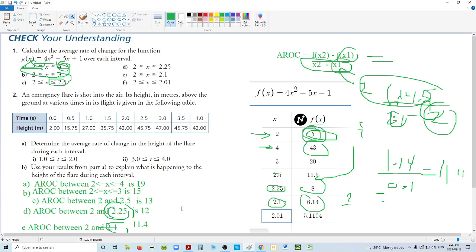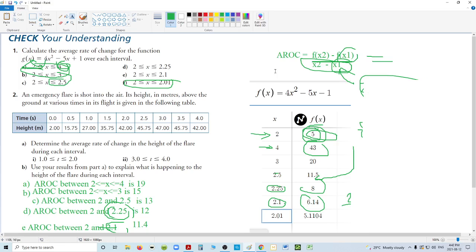All right, geez, we're kind of approaching 11. So now we're going to this last one to do, which is a very small distance from 2. So we're going to do, again, x1 is always going to be 2, and f of x1 is always going to be 5.